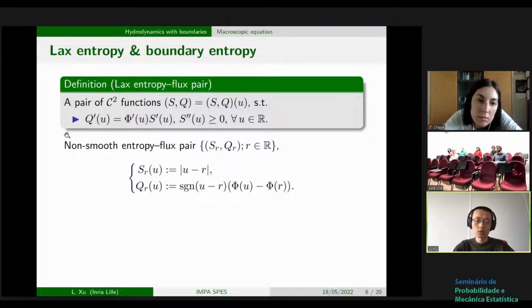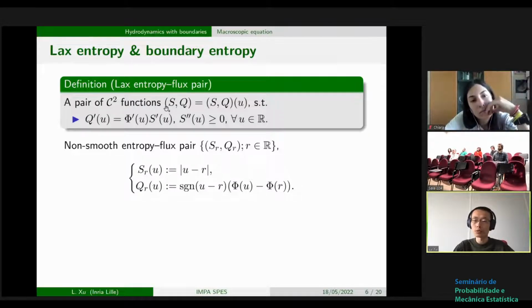Sometimes you will also see another definition of the entropy flux, a non-smooth one. Here I'm giving an example of the non-smooth entropy: S is defined as the norm of u minus r, where r is any fixed number, and Q is the integral we get from this relation.